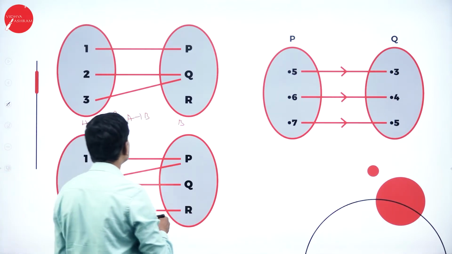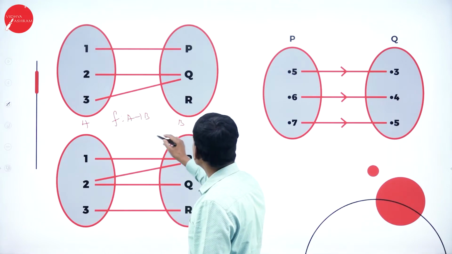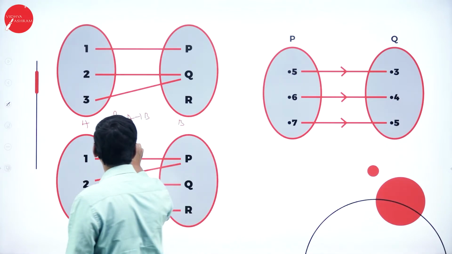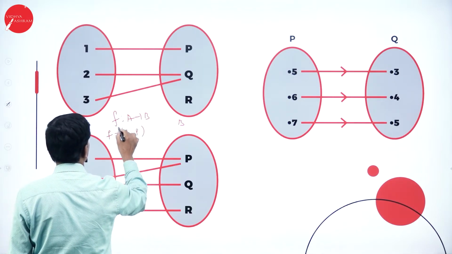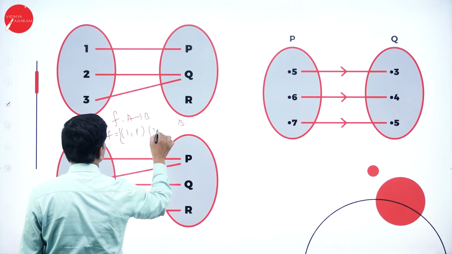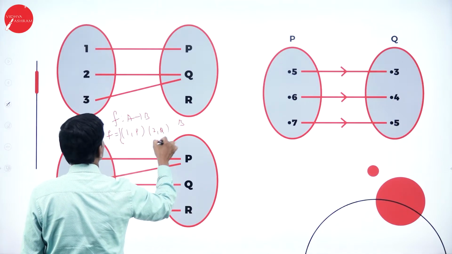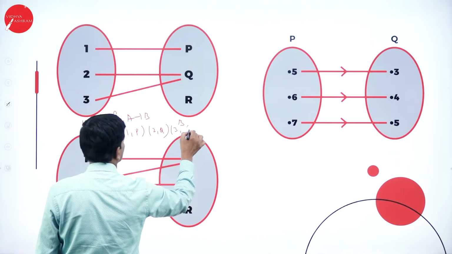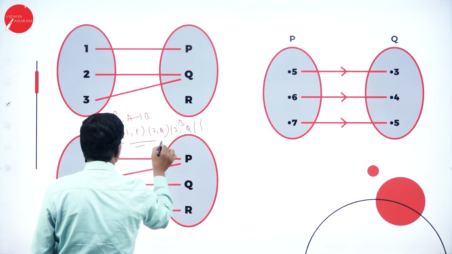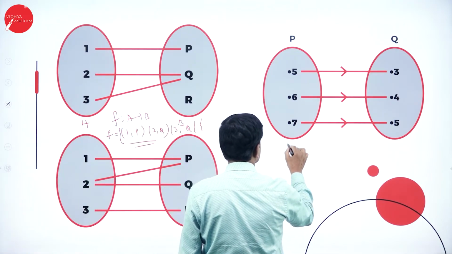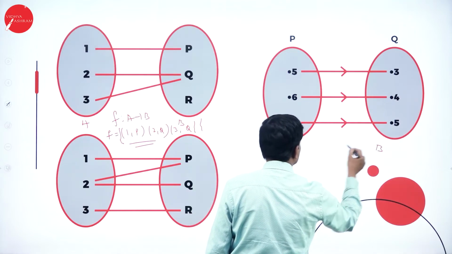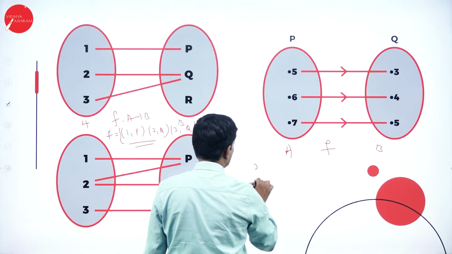So, here the values of the function are f equals the ordered pairs (1, P), (2, Q), again (3, Q). Now, this is a function from A to B. Let us come to the next example. Here this is A and this is B. f from A to B is a function.